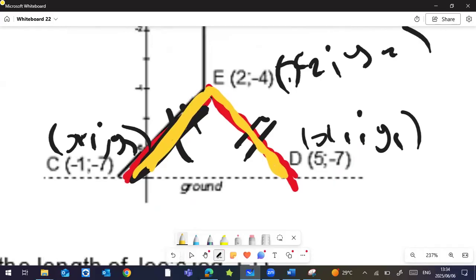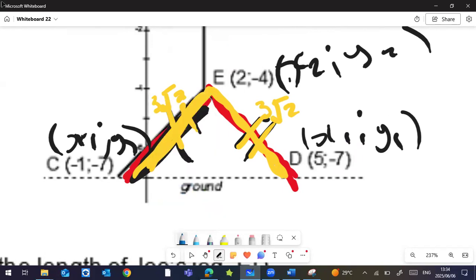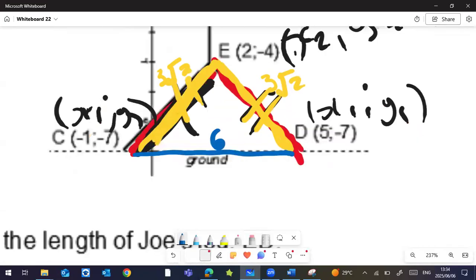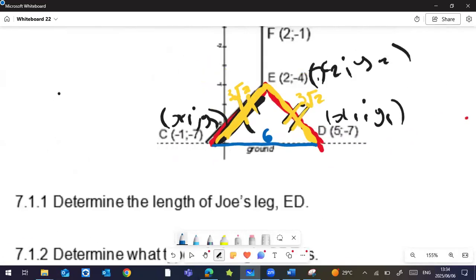Side CE is equal to side ED because both of them are 3 square root 2. Whereas this one here is 6 units.